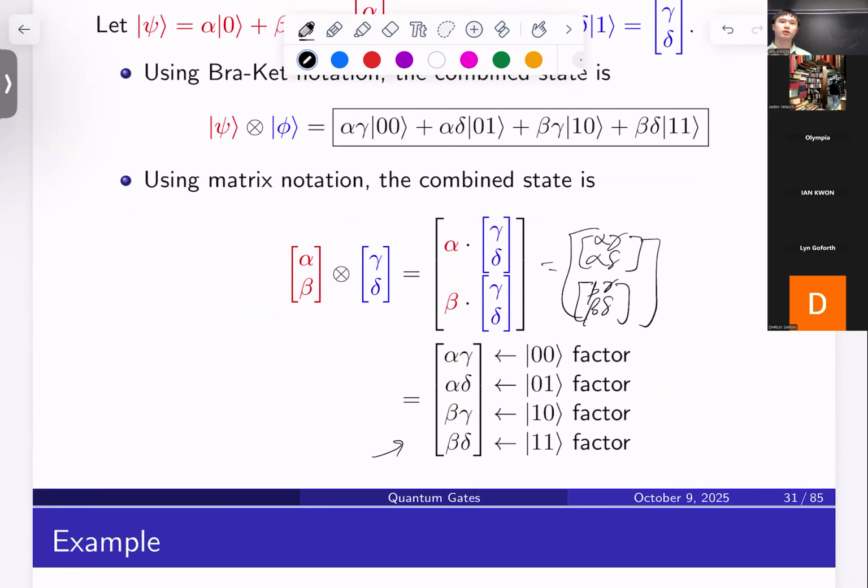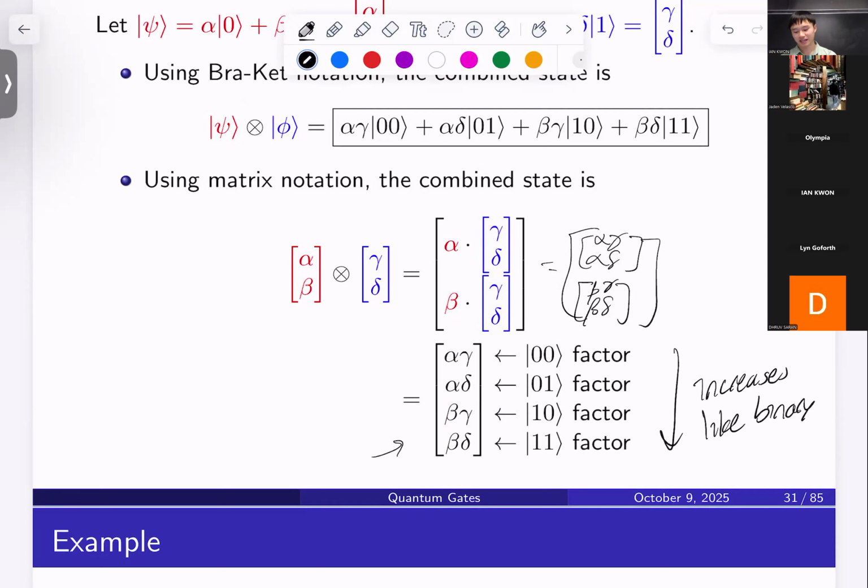And so again, you'll notice that it is easy to convert back and forth without actually doing this Kronecker product. You can basically see that the top one corresponds to 0, 0, the next one 0, 1, 1, 0, and 1, 1. So it increases in your typical binary order, where 0, 0 is the smallest number, then 0, 1 is higher, 1, 0 is higher, 1, 1.